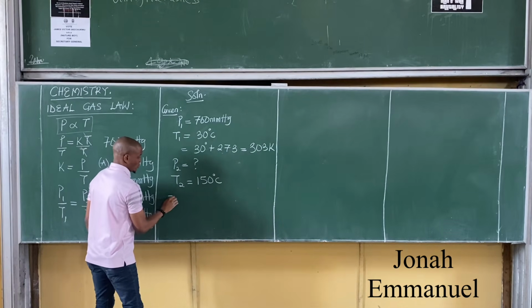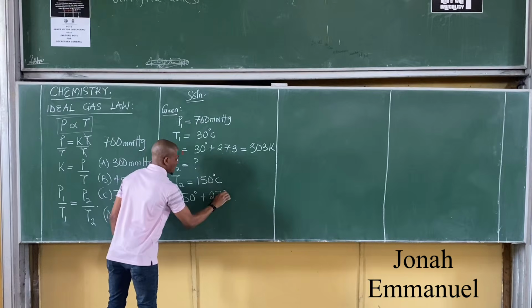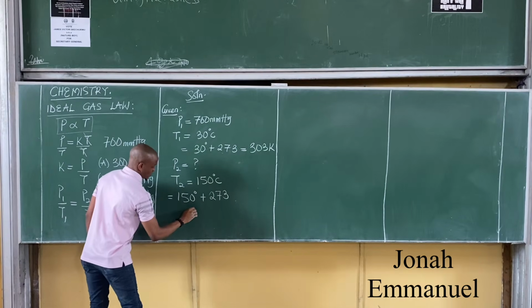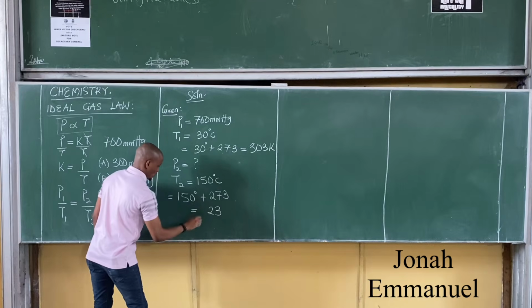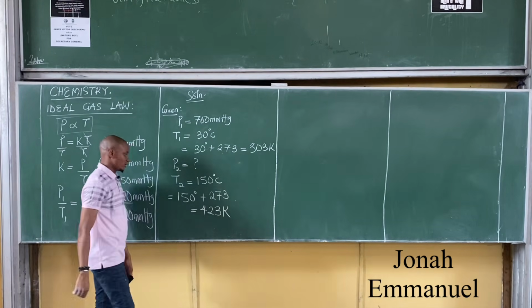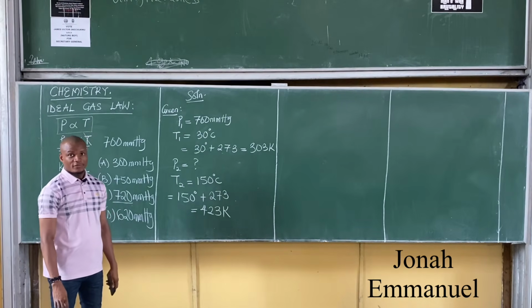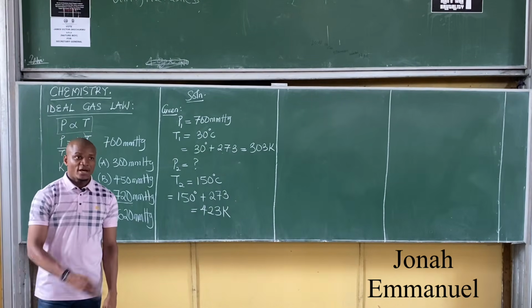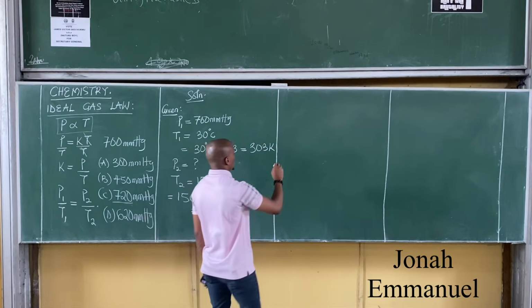It becomes 150 plus 273, which gives 423 Kelvin. Now we have to find the value of P2, so recall your formula.